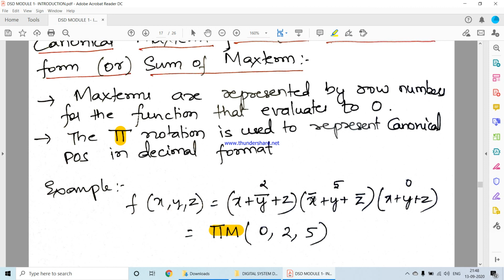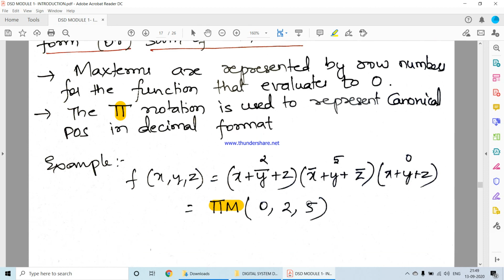Similarly here 1 0 1 because 1 is complemented, so bar says it is 1. Therefore 1 0 1, 5 is the decimal value. Similarly x y z all are zeros, 0 plus 0 plus 0, therefore 0. Therefore pi M of 0, 2, 5. So this is how you represent the max term form.